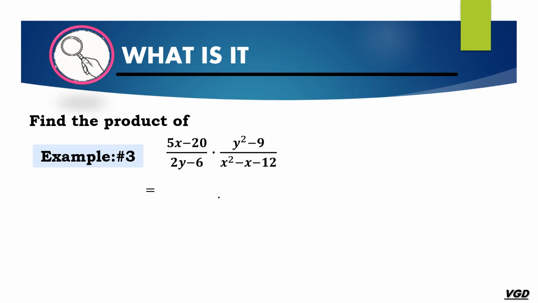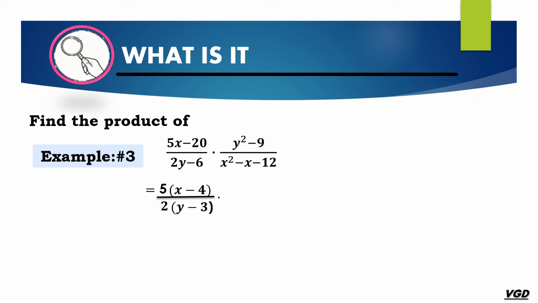So for 5x minus 20, as we factor this out, the greatest common monomial factor is 5, and the remaining factor is x minus 4. Now, for its denominator, 2y minus 6, the greatest common monomial factor is 2, and the remaining factor is y minus 3.